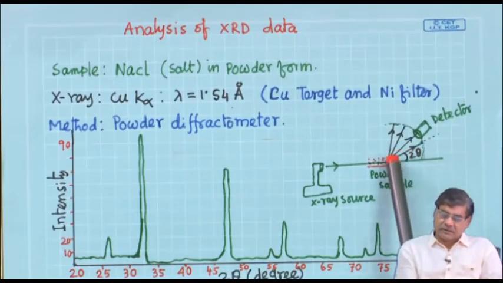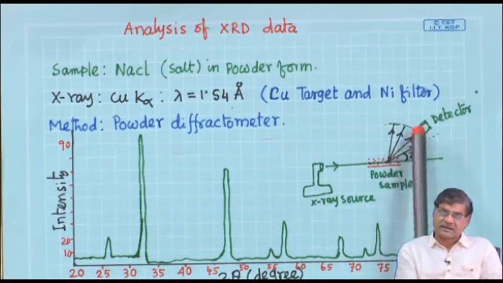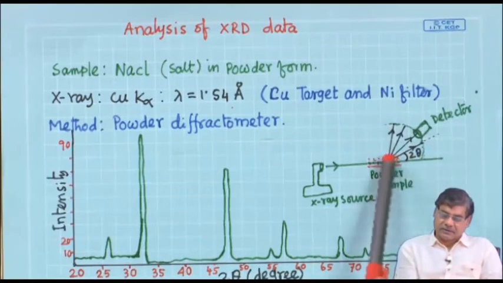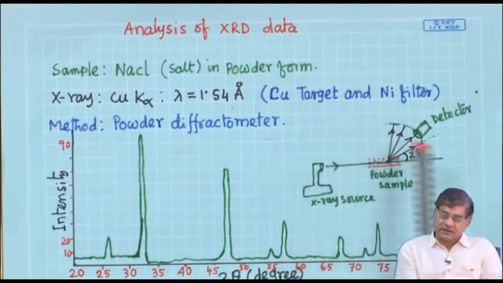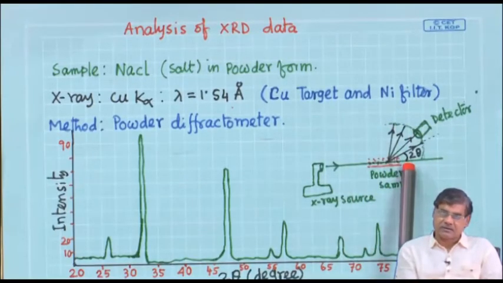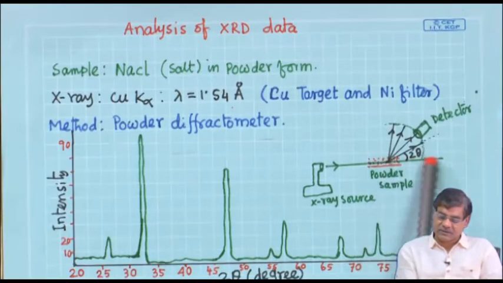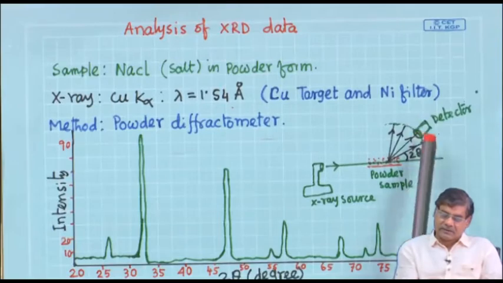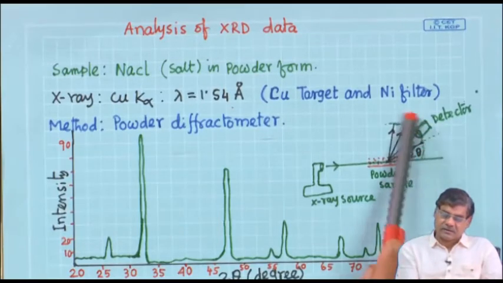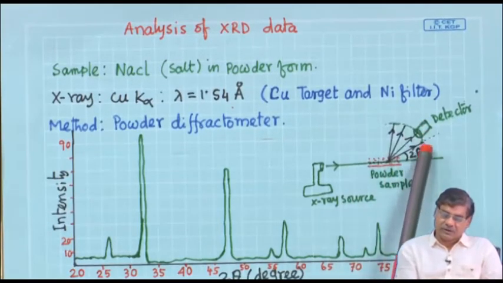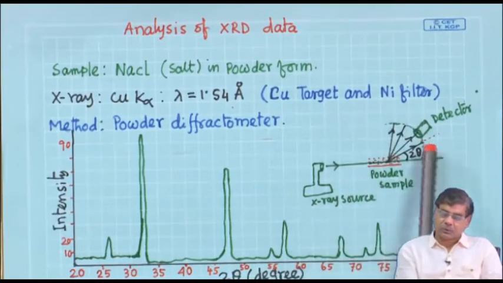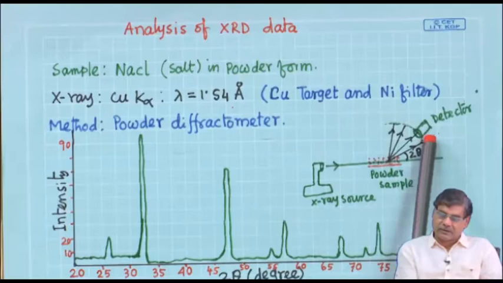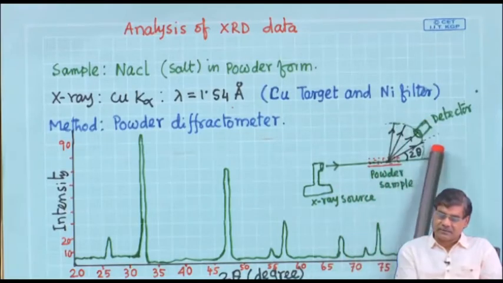The diffracted X-ray goes in different directions, and that direction is 2 theta with respect to the incident direction. A detector just moves in a circle to record the diffraction data.